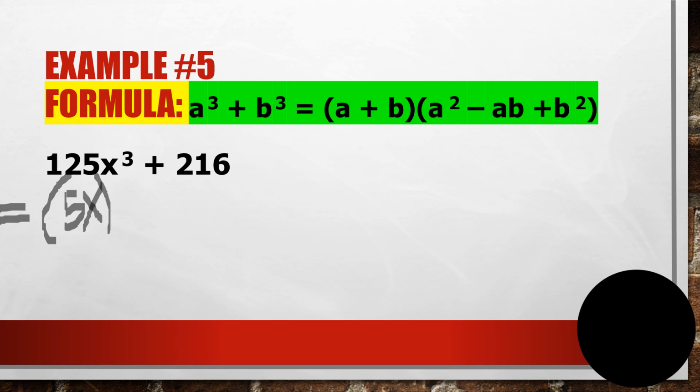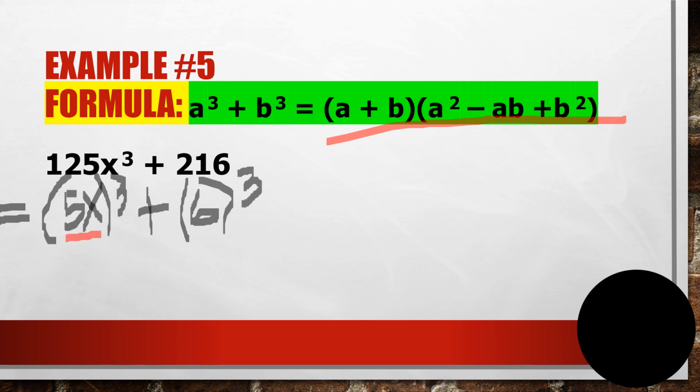Close, raise it to the power of 3 plus the cube root of 216, we have 6. And then close, raise to the power of 3. After that one, we can follow now the rule.